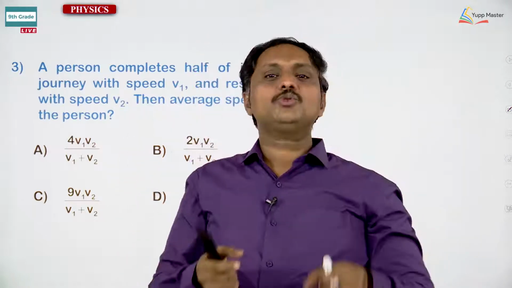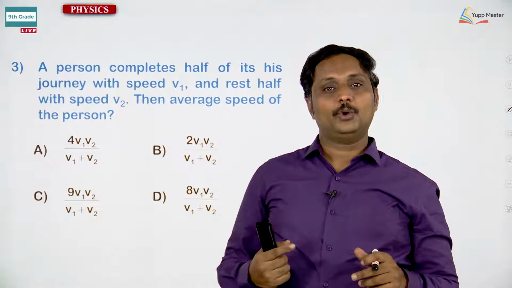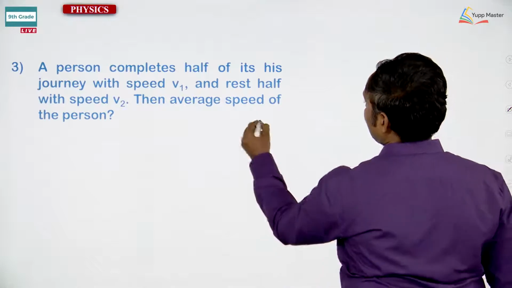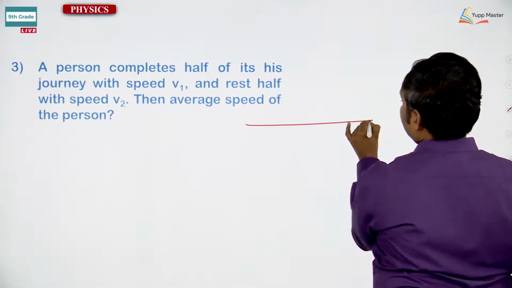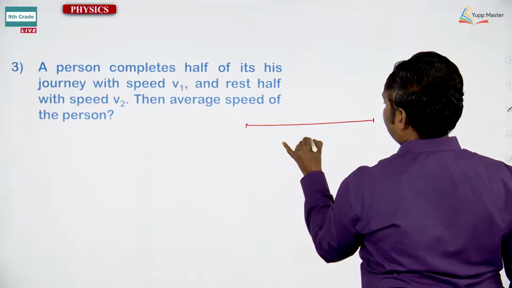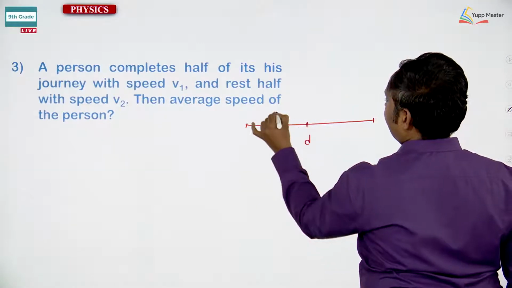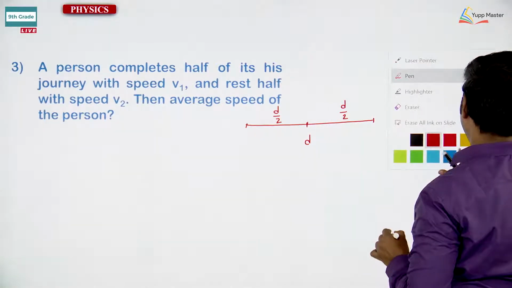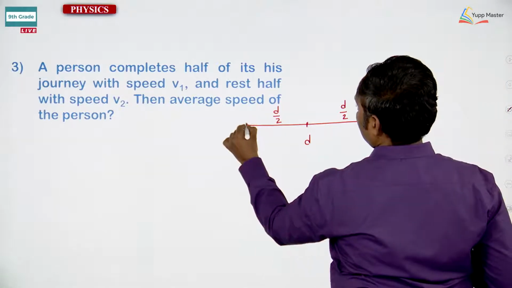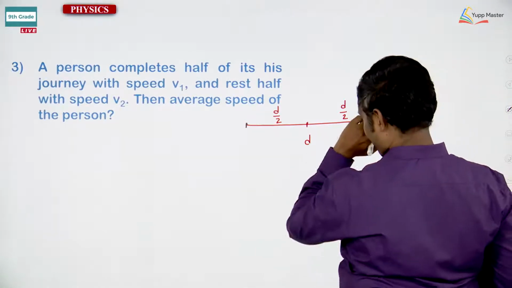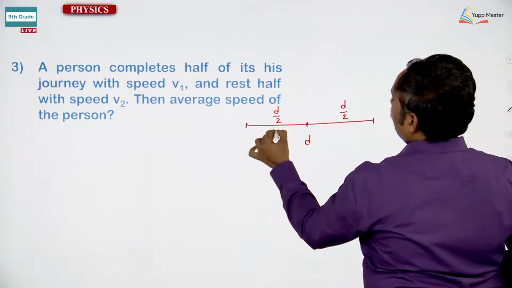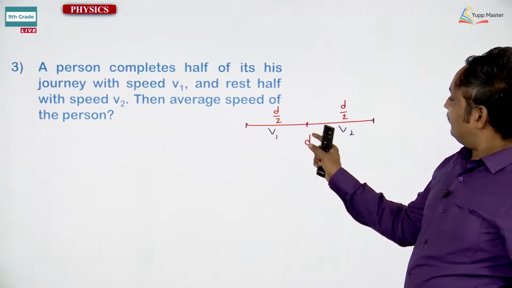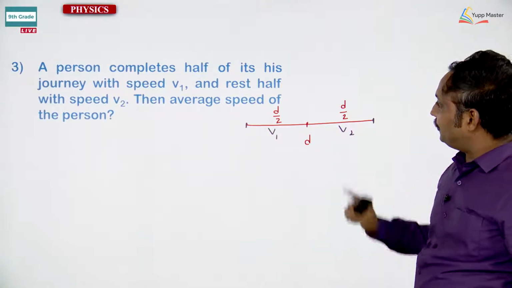You should divide the total distance covered by the body into two parts. This is the total distance d. It has been taken as d by 2, d by 2, right. Now it is very clear, we would like to identify the speeds v1 and v2.